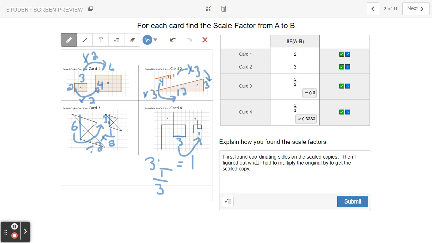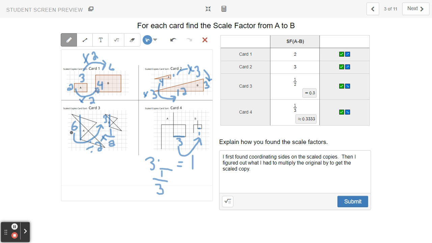So I wrote, again, in complete sentences, and I used details in my writing to explain how I found the scale factors for all of these. I didn't necessarily explain each and every one. I did them all together as kind of a whole. Now, the way I described this was that I first found corresponding sides on the scaled copies.